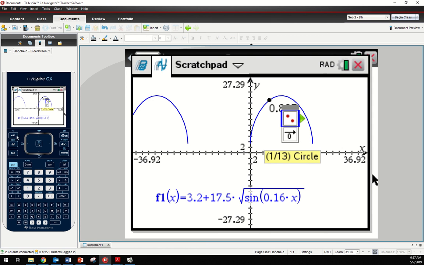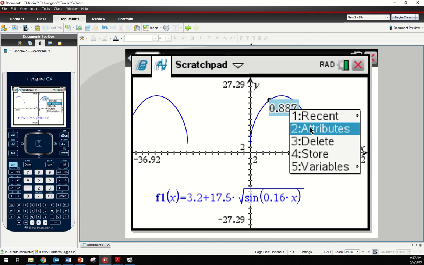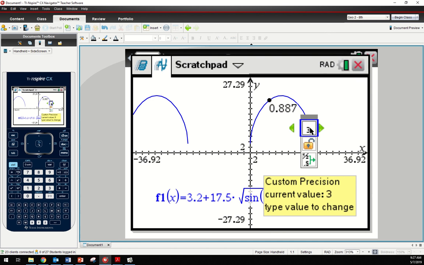I clicked on the wrong thing. There you go, on the text, attributes. If you want 3, or 4, or more decimals, you can change this so your graph shows more decimals, because that's usually an issue. When you're just looking at the graph, it doesn't show you enough. So I got my 3 decimals.